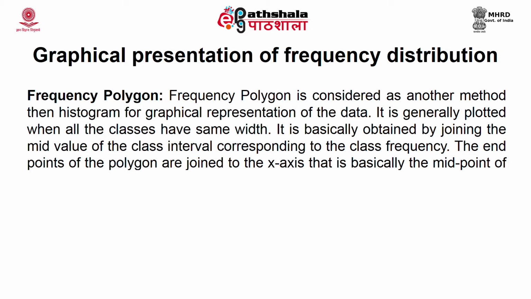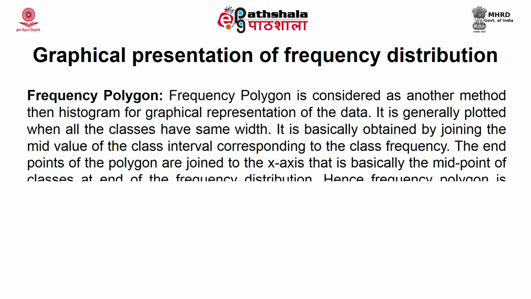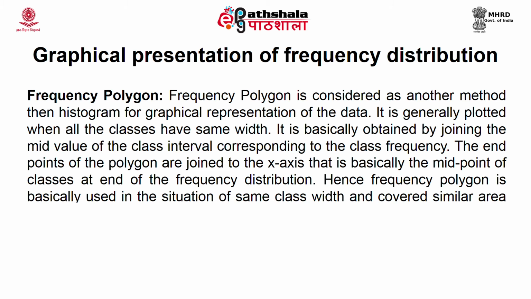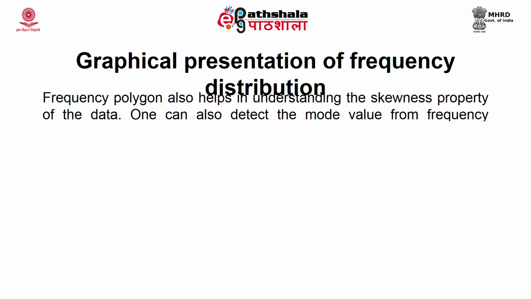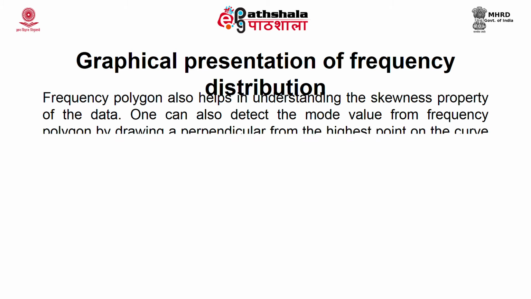The endpoints of the polygon are joined to the axis, at the midpoints of the classes at the ends of the frequency distribution. Hence, the frequency polygon is basically used in the situation of same class width and covers a similar area as the histogram. Frequency polygon also helps in understanding the skewness property of the data.